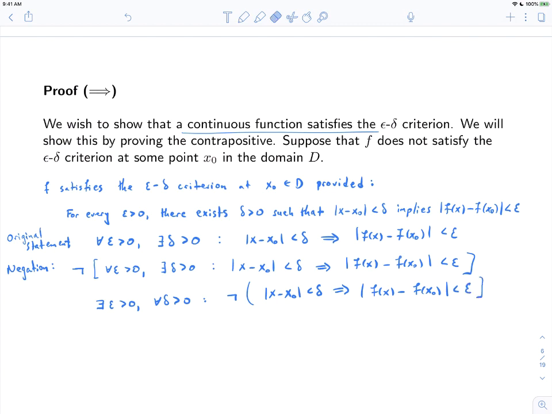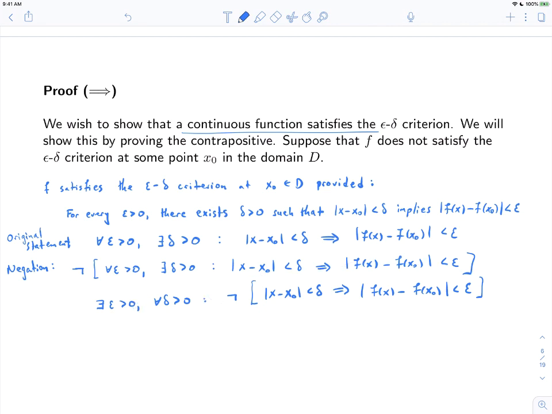Let me put that in brackets, actually. So our original statement is that for all epsilon there exists a delta such that this is true. If we look at the negation, it's not true that for all epsilon there exists a delta. That means there must be some epsilon such that for all delta, our desired implication is not true.